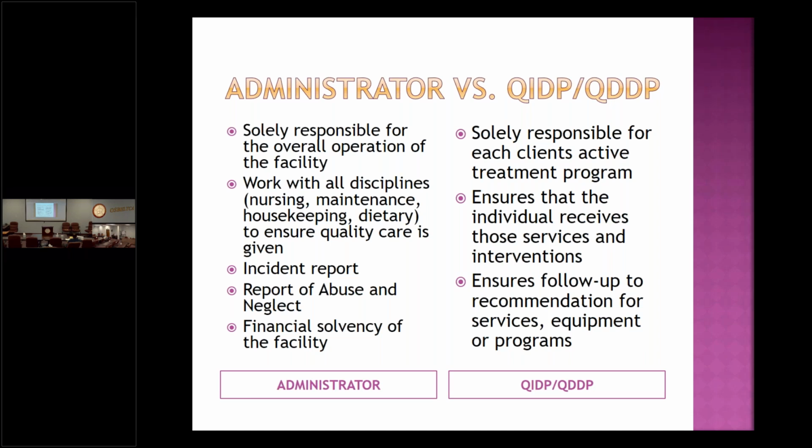Injuries of unknown sources, you may have to involve law enforcement. And then also the administrator is responsible for the financial solvency of the facility, making sure we're not spending more than what we're bringing in, because you want to be able to keep those doors open. Also, if we're not able to be at 100% as far as our census and how many residents we have in the facility, then we have to go back and look at it.